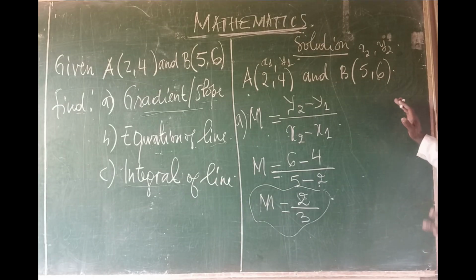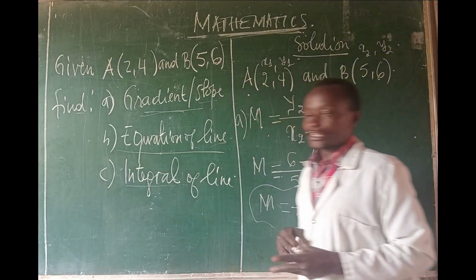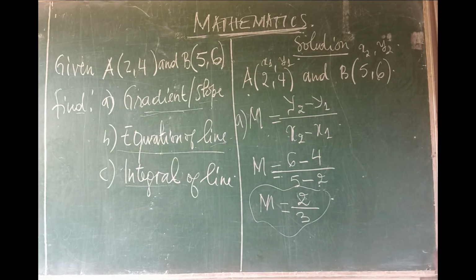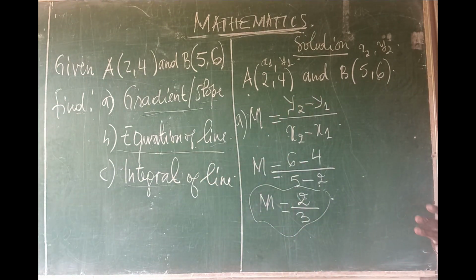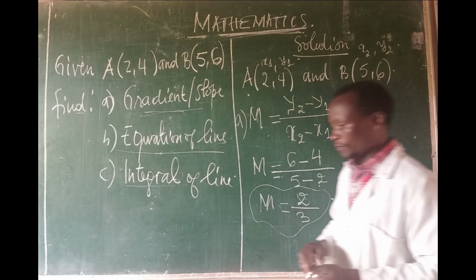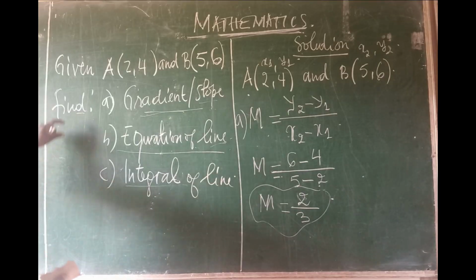Now let's come to sub-question B. You see on the chalkboard, we have been asked to find the equation of the line. How will the equation of the line be? We are going to use a formula for the equation of the line. So allow me please to clean this.